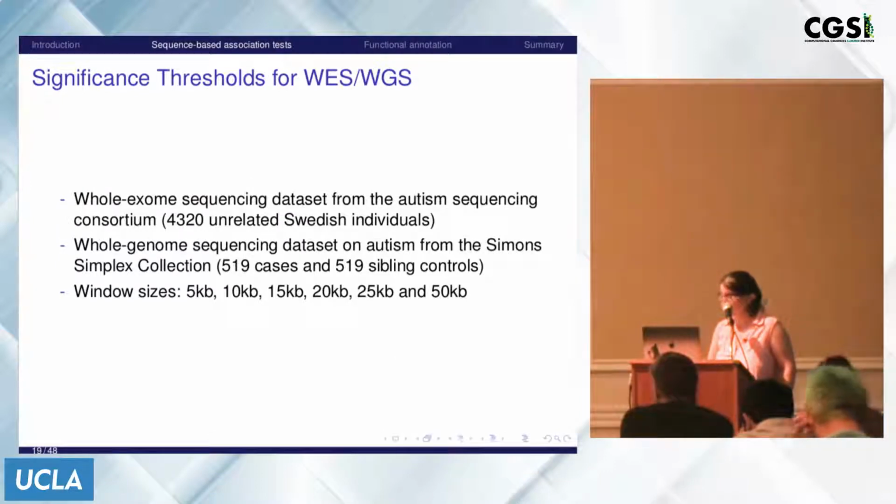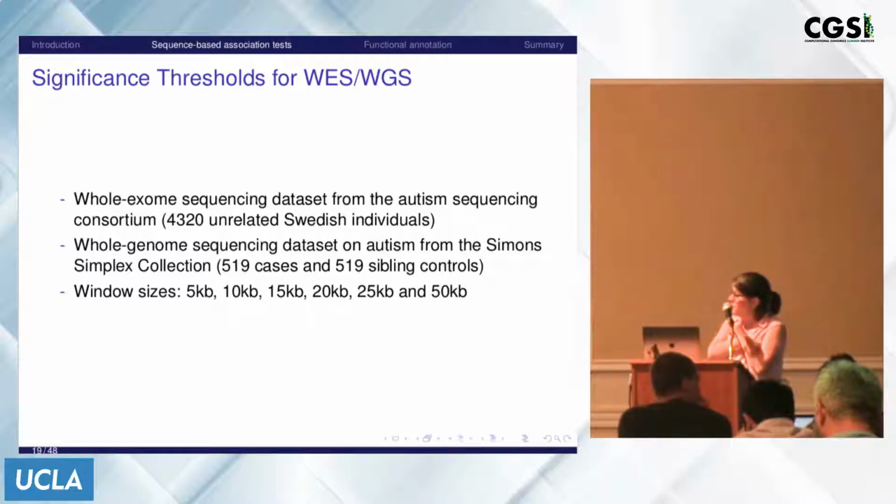We use some real sequencing data, like whole exome and whole genome data, to calculate these thresholds. For whole exome data, we use data on 4,000 individuals from an autism sequencing study.